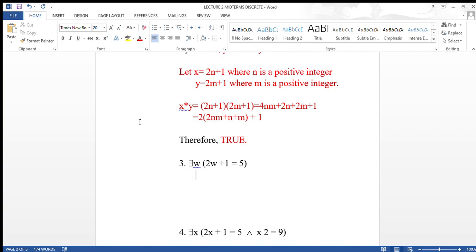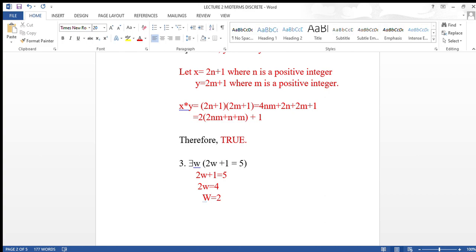So how do we find a possible value for w? Using our algebra, we have 2w plus 1 is equal to 5. So this will now become 2w equals 5 minus 1, which is 4. And if we now divide both sides by 2, we get w is equal to 2.